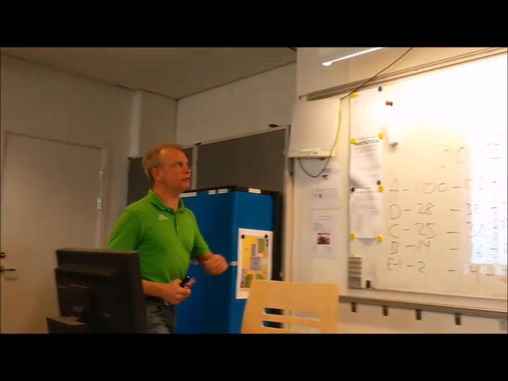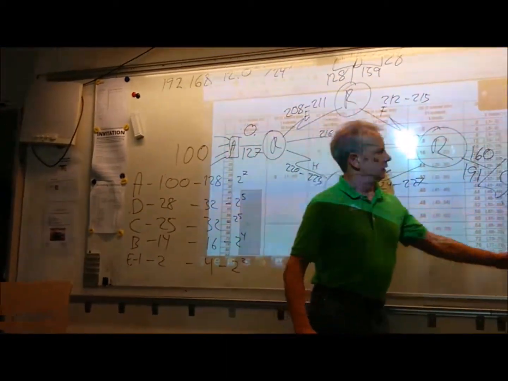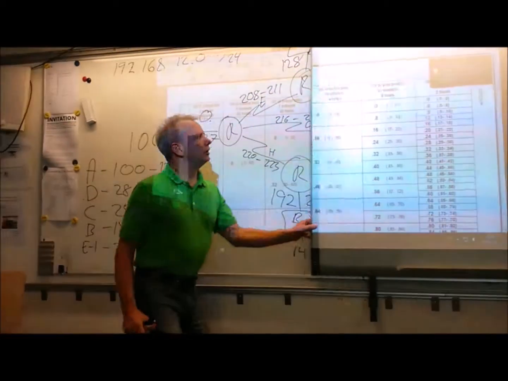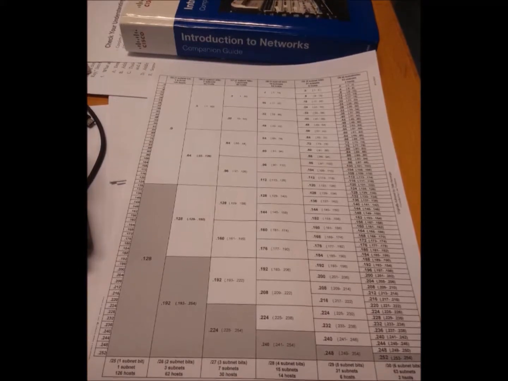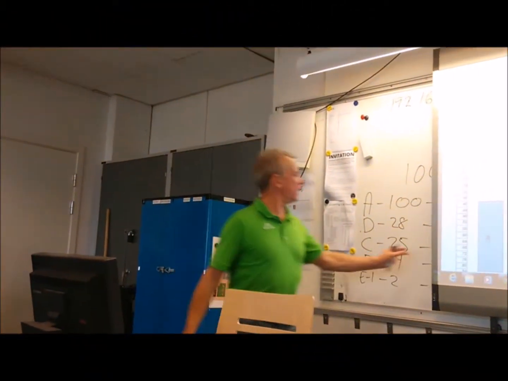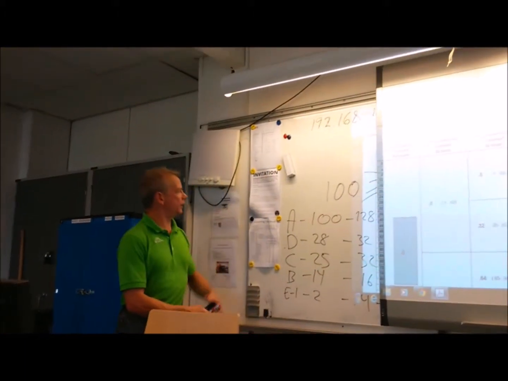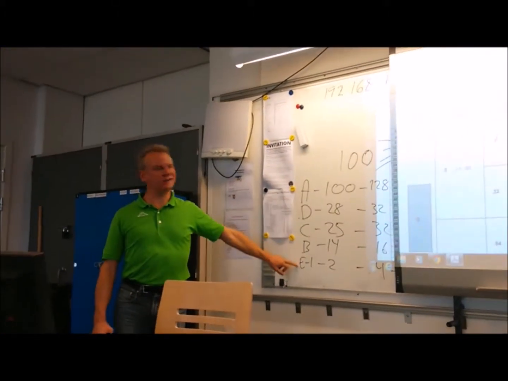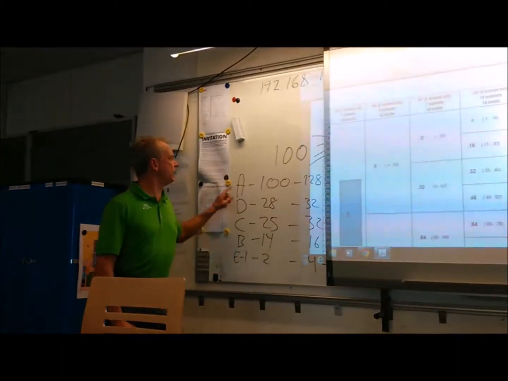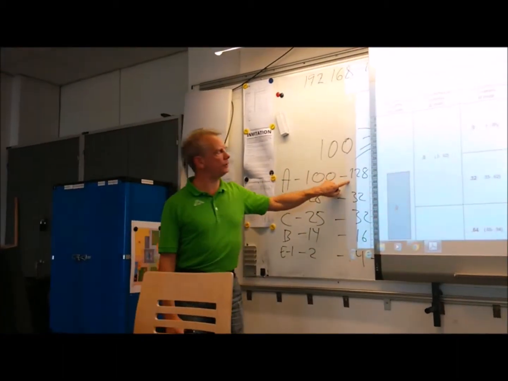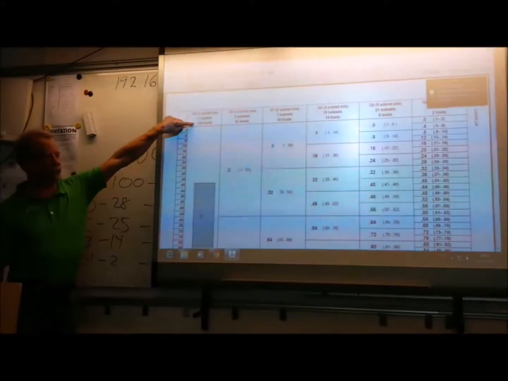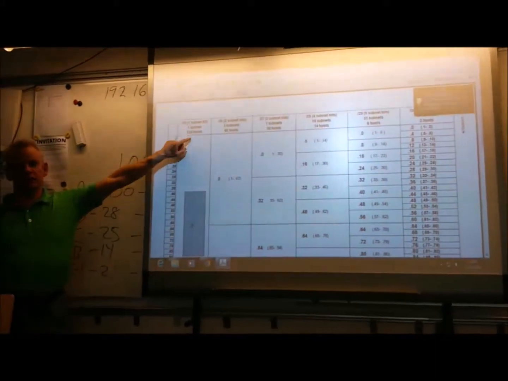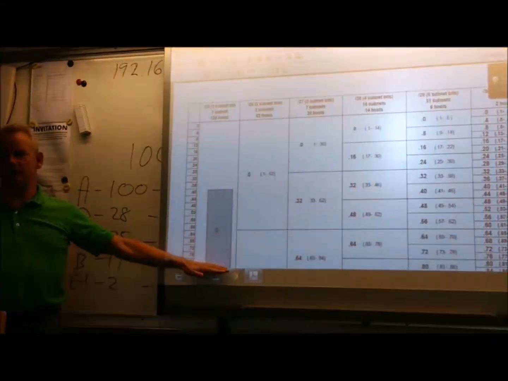Okay, that's how to do it in binary. Now, using your VLSM chart. Same again. Find your networks. Put them in order by size. First network needs 100 machines, 128 addresses, 126 hosts. 126 hosts means it needs to be in this column.